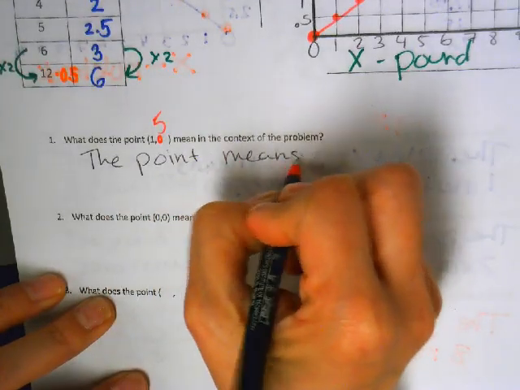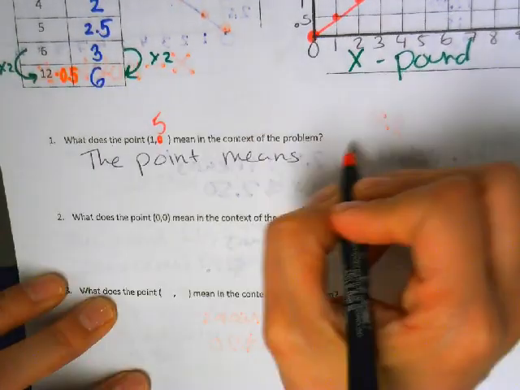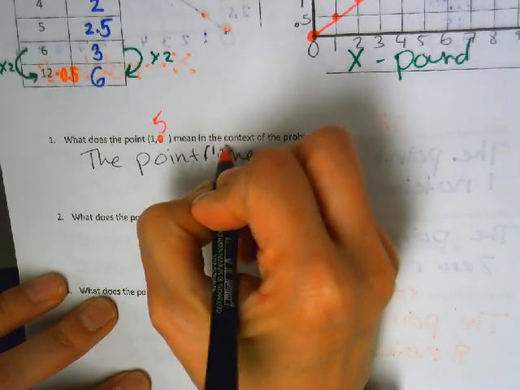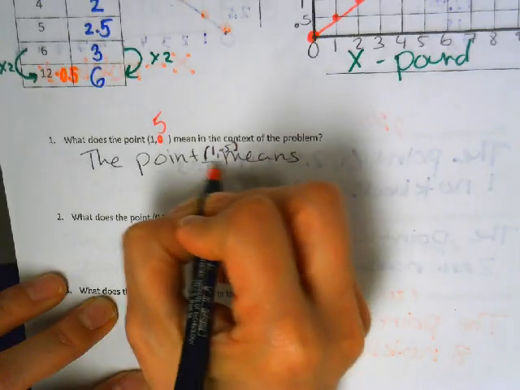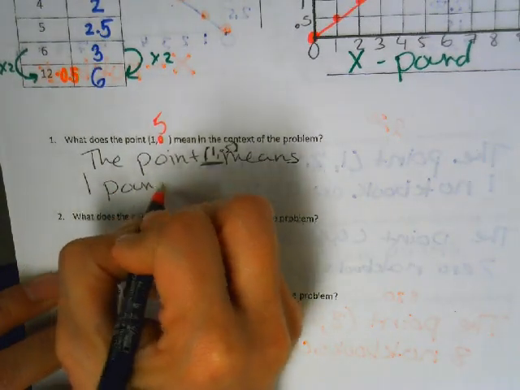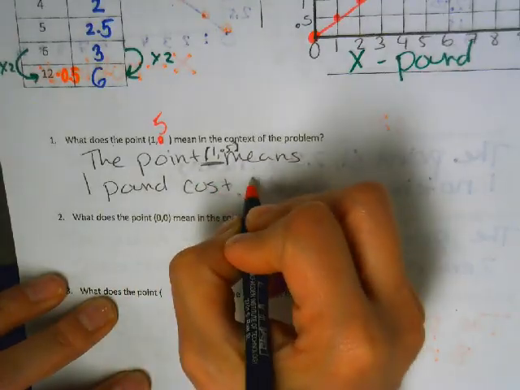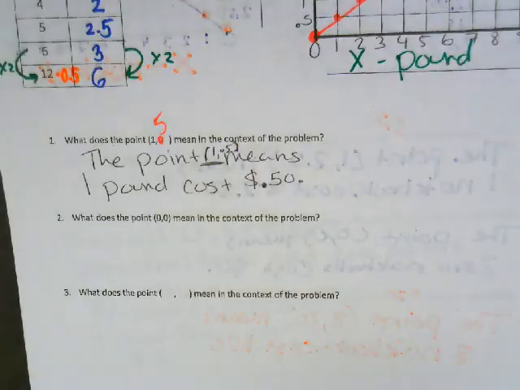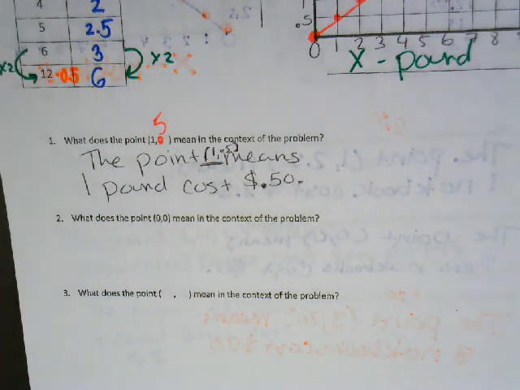Very good, Raul. It means the point 1 comma 0.5 means 1 pound costs $0.50.